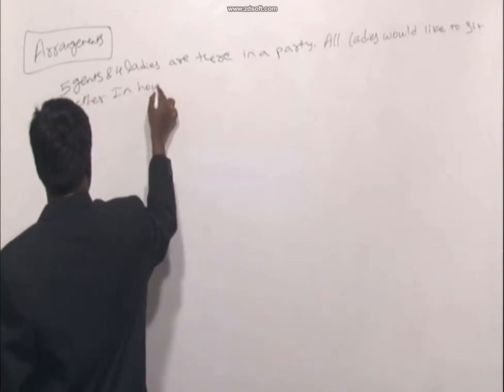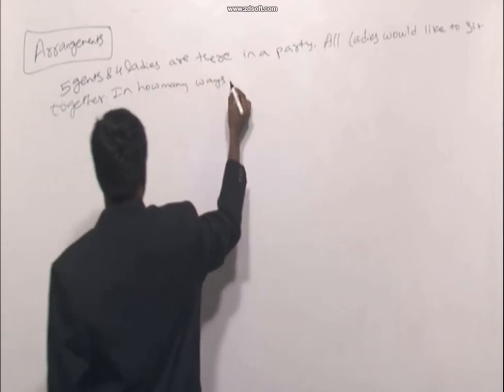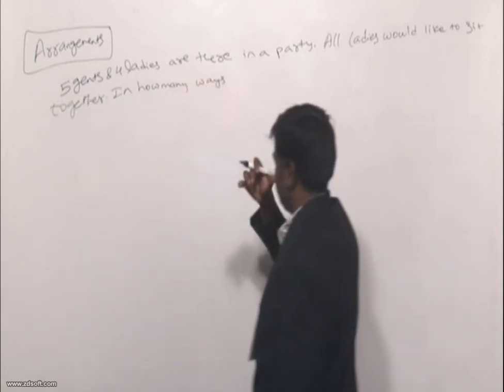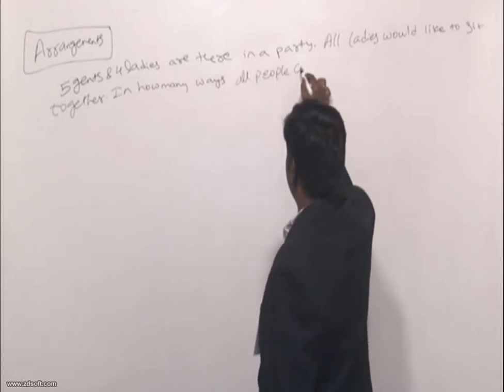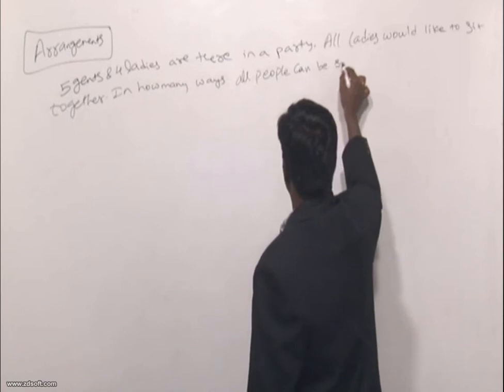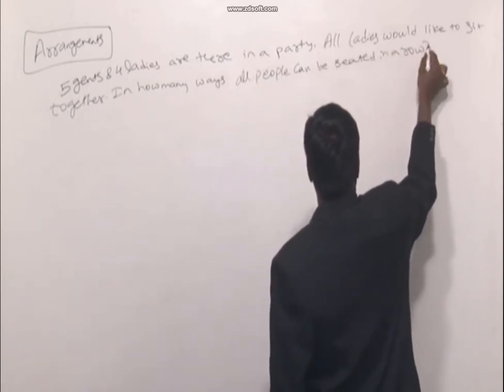In how many ways all people can be seated in a row? Try this problem.